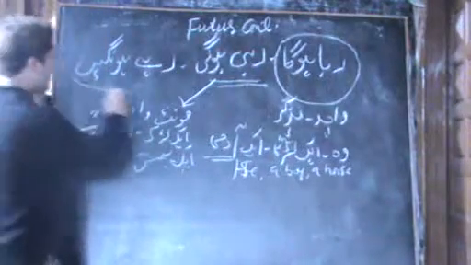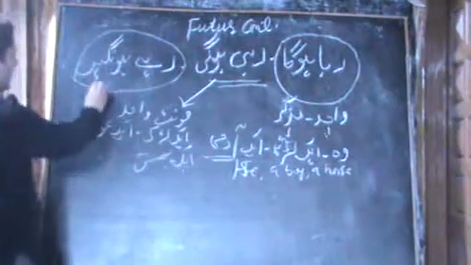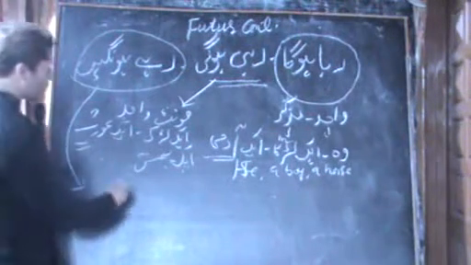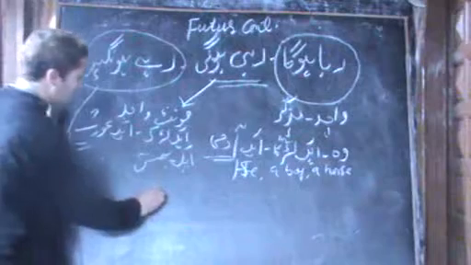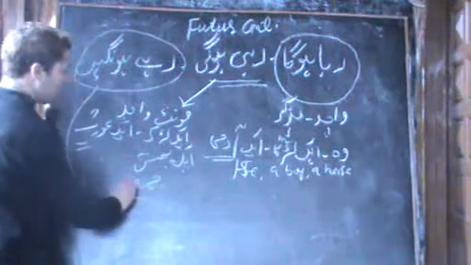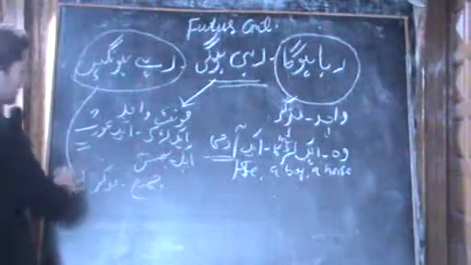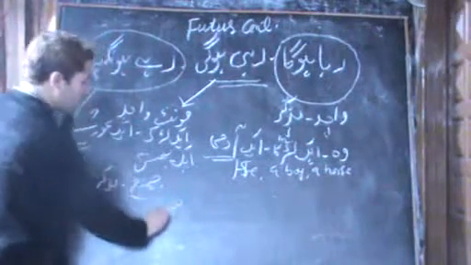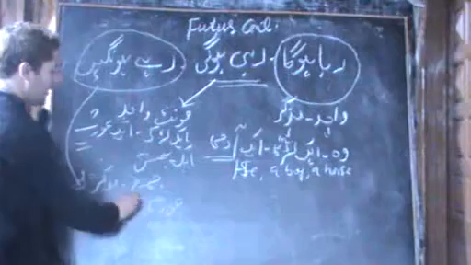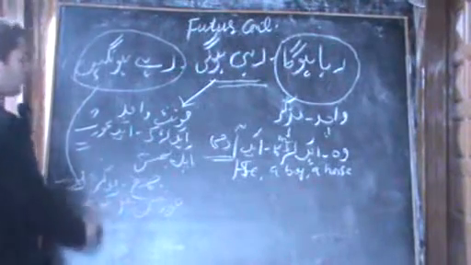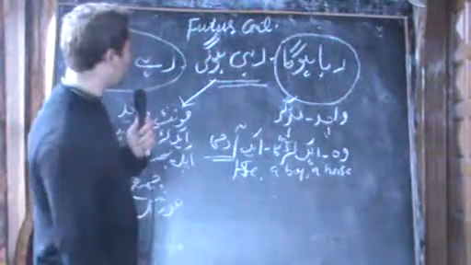Now rahe honge. What kind of subjects could we have in sentences? Those will be plural, jama, muzakkar or muannas, with examples like aurate, ladke, like men.